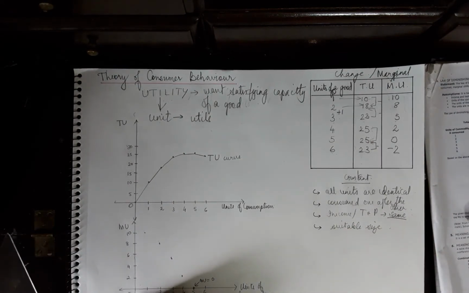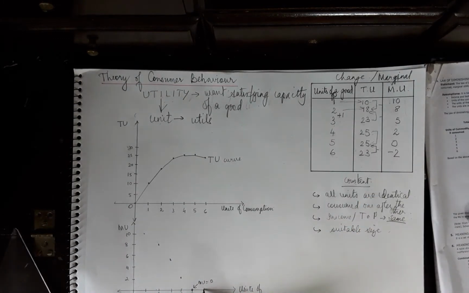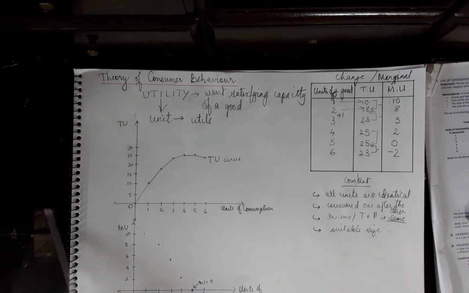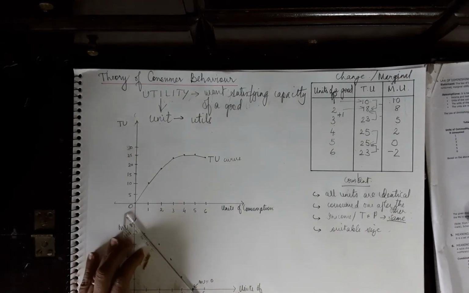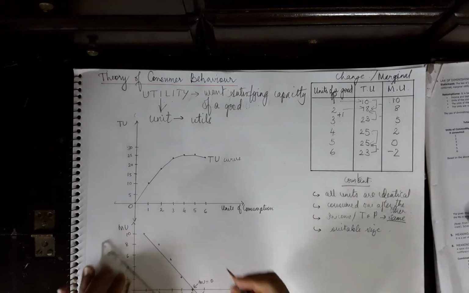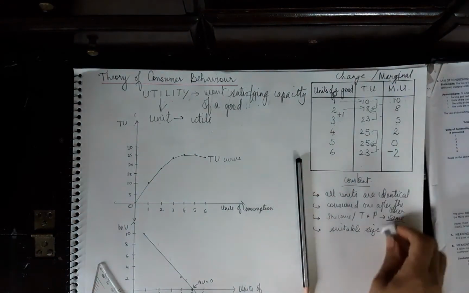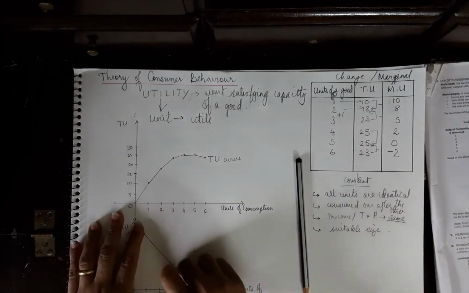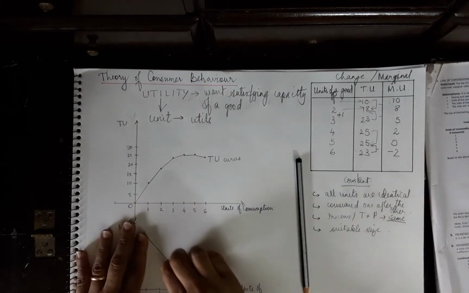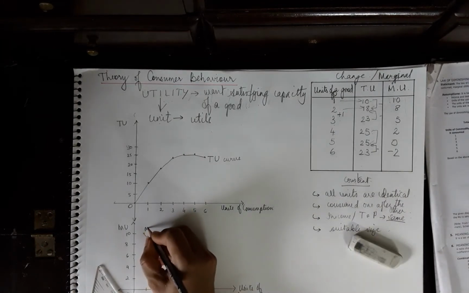And we'll mark -2 here. Why -2? Because we got a negative value here. So again, sixth unit of consumption, the point will be here. This is the negative quadrant. Now we can just join these points. And we derive the marginal utility curve.